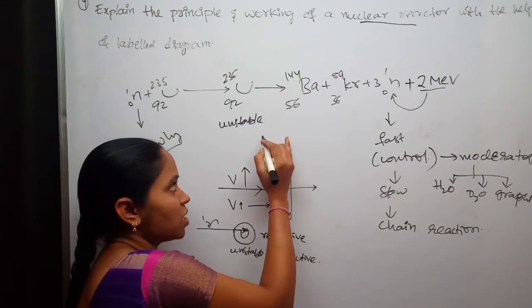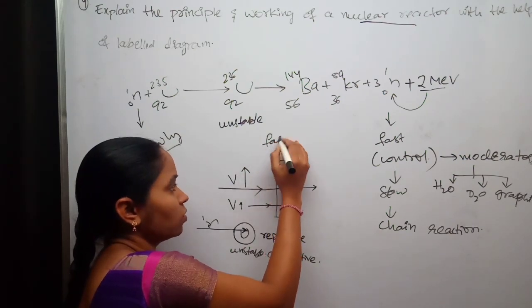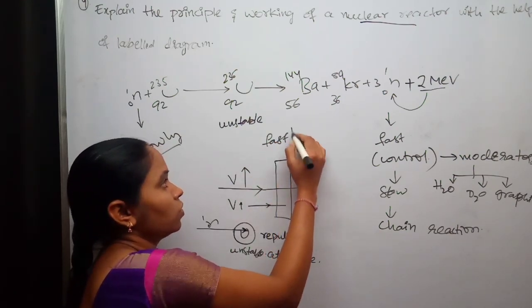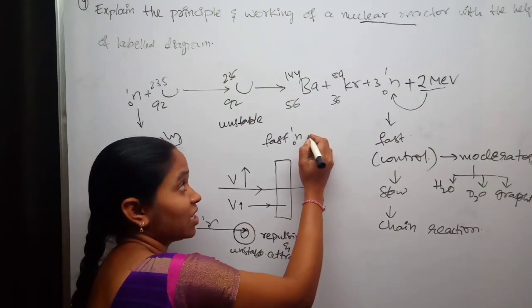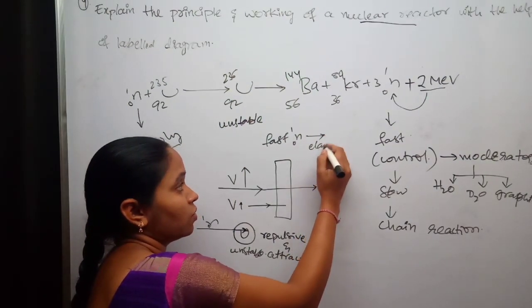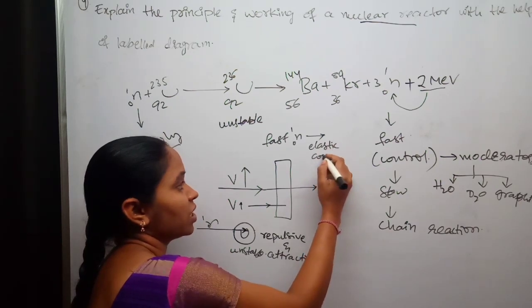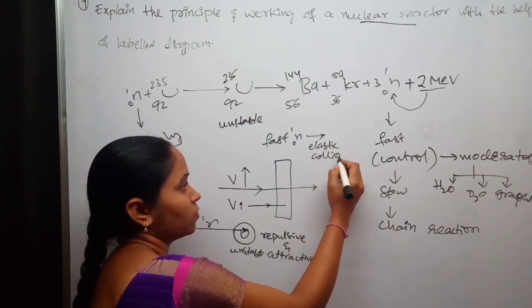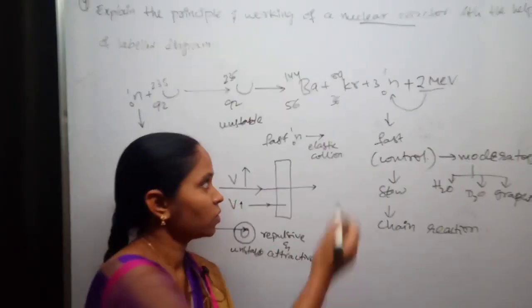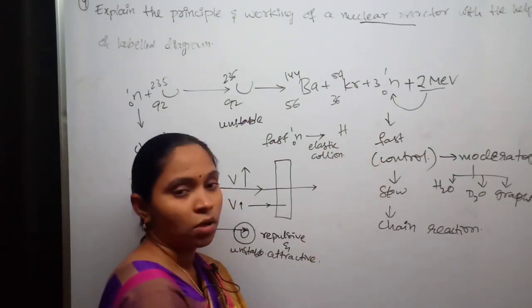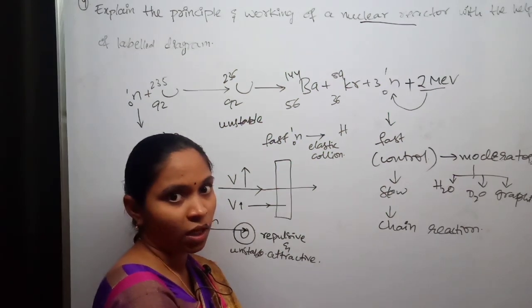if a fast moving neutron collides elastically, elastic collision takes place. And the size of these neutrons is the same as the hydrogen atom's.